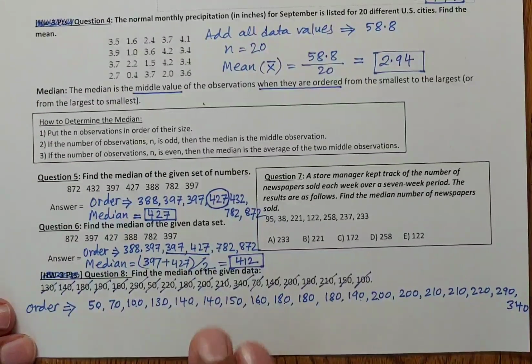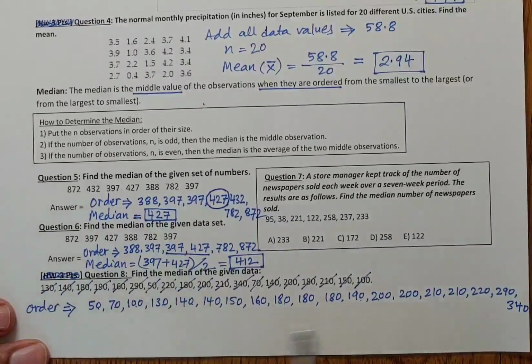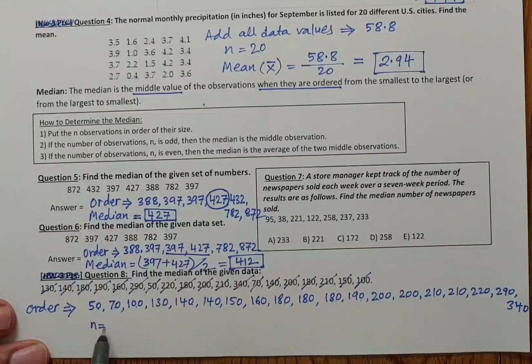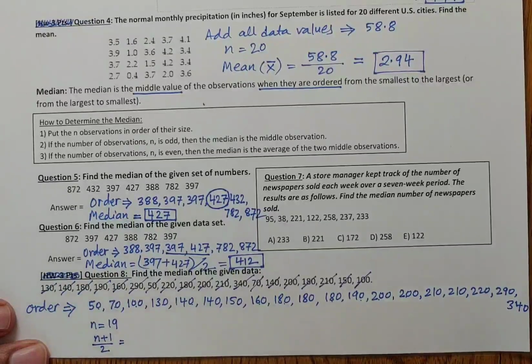Another way to get that position: you have 19 numbers. I'm just doing it here, but you can count it just like I did before, and you can choose the middle number. But if you have n equals 19, then you can always do n plus 1 divided by 2. Okay, n plus 1 divided by 2 is 20 divided by 2, which is 10th position.